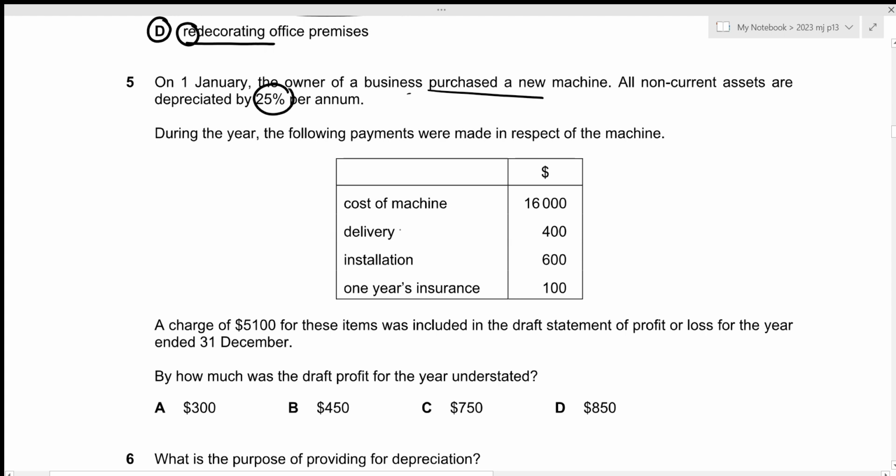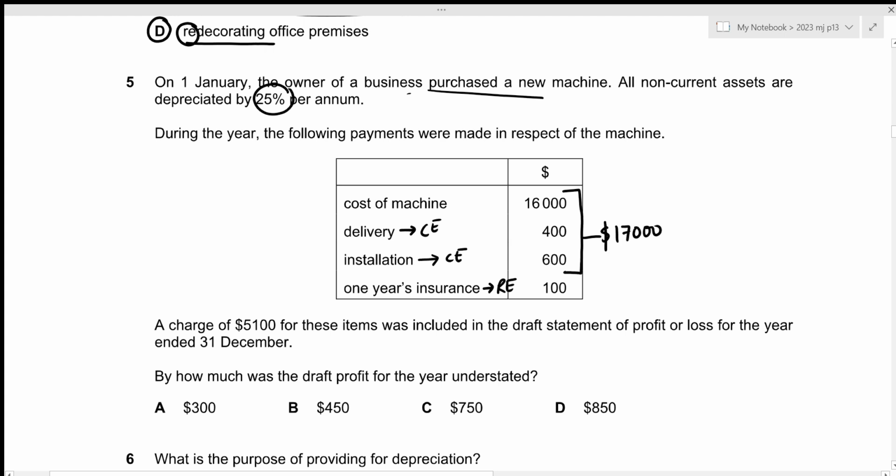Delivery will be done only once, so this will be our capital expenditure. Installation will only be done once, so this is also our capital expenditure. But insurance, we have to do it every year, so this is our revenue expenditure. And capital expenditure needs to be included as cost of that particular non-current asset. So the total cost will be 16,000 plus 400 plus 600, which is 17,000. That's the cost of the new machine.